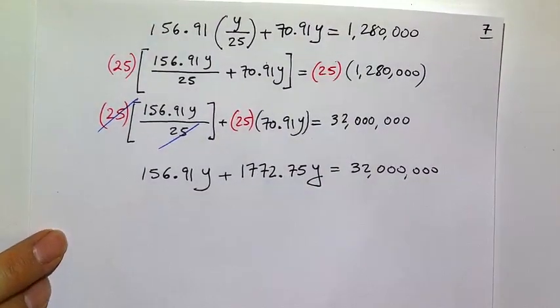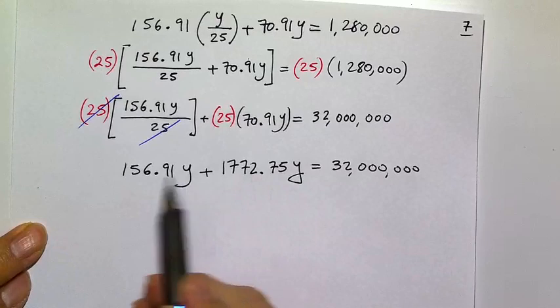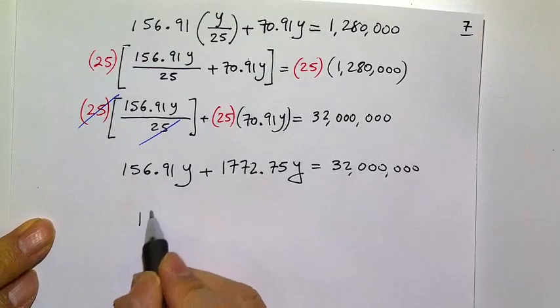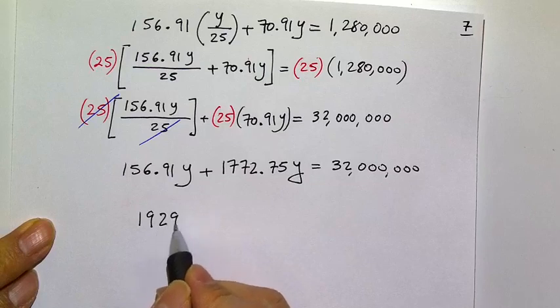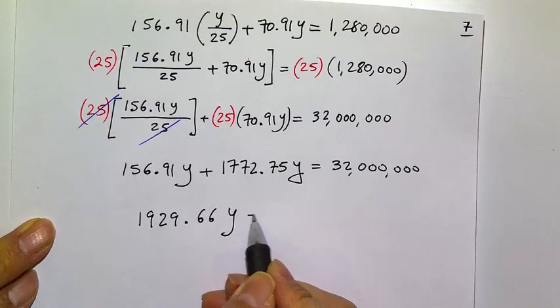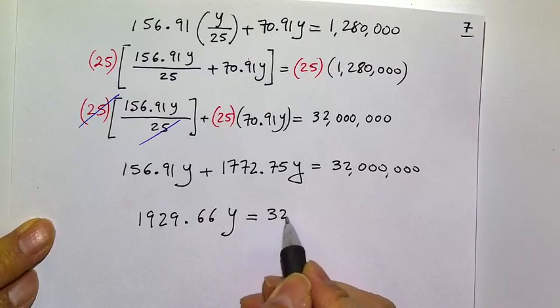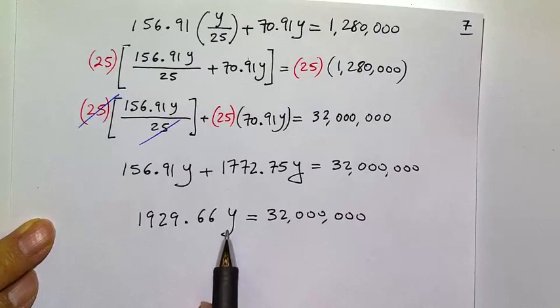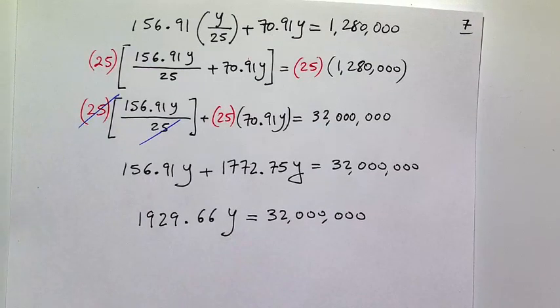Okay? All right. So let's combine these two Y terms. What are we going to get? We're going to get 1,929.66 Y equals 32 million. We're solving for Y, so we need to isolate Y, right? How do we do that?